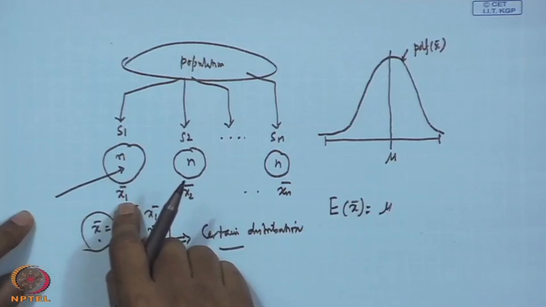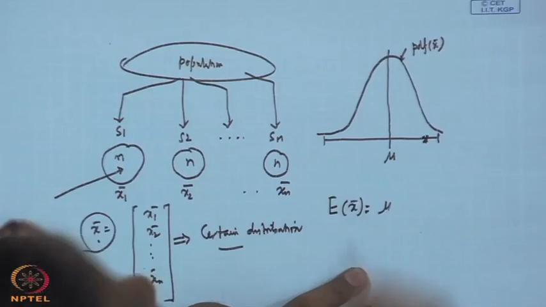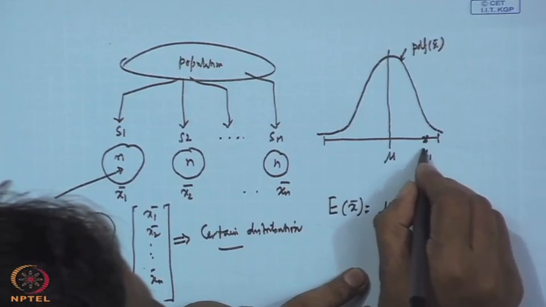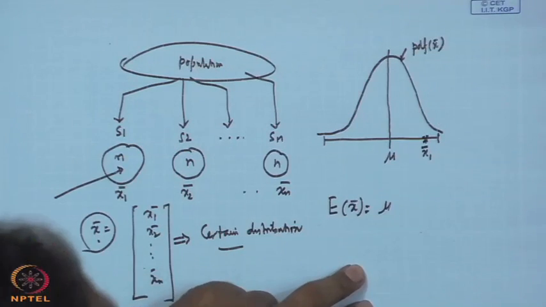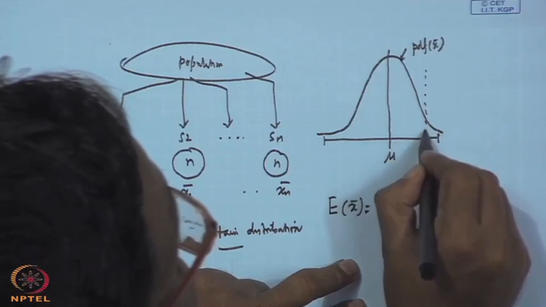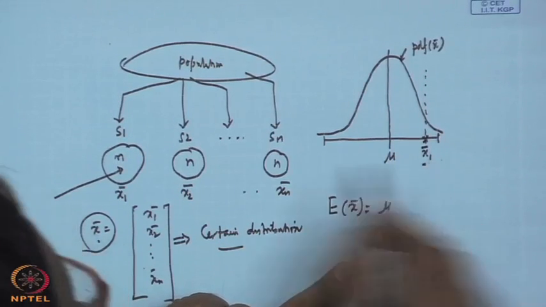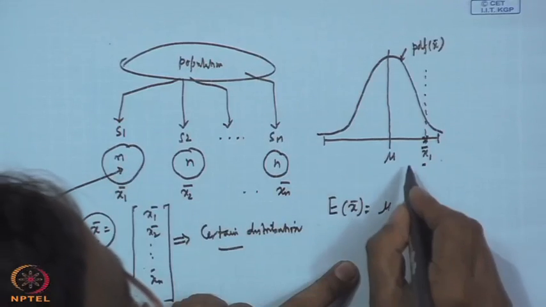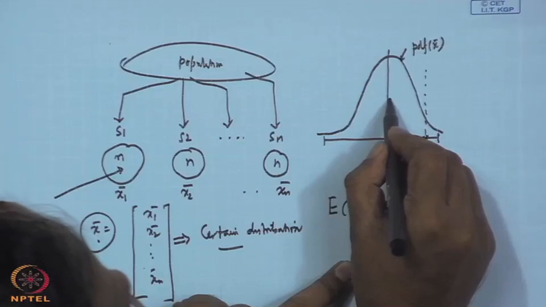You have computed x bar using sample 1, and it is falling here. The value of x1 bar is falling here. So, what is our interest here using confidence interval? We want to know whether this x1 bar, or the x bar computed using sample 1, is representative of mu or not. It all depends on the distance between these two.